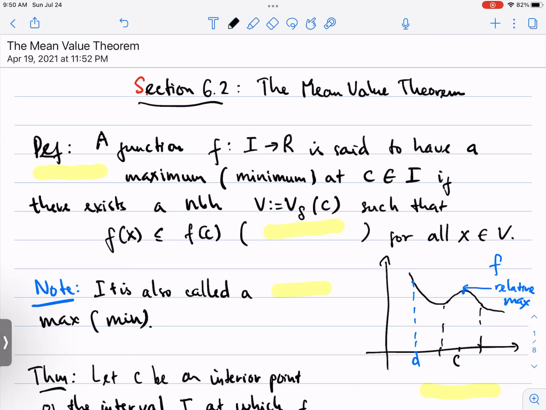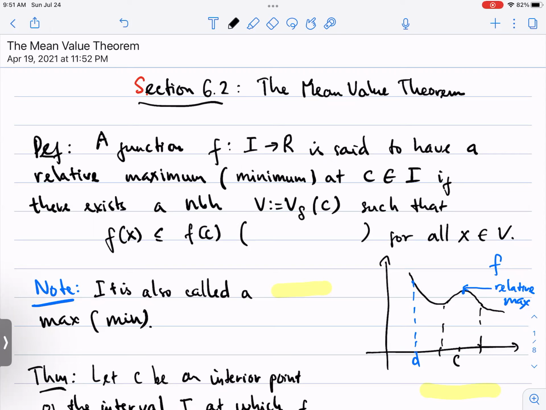is said to have a relative maximum or minimum at some point C inside the interval I if there exists a neighborhood V around this point C such that f of x is smaller than or equal to f of C for all x inside this neighborhood.